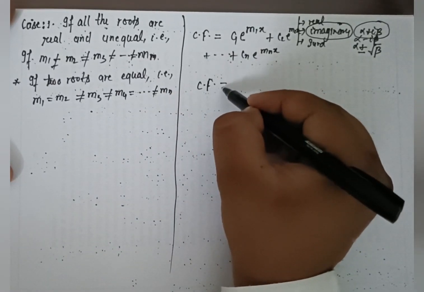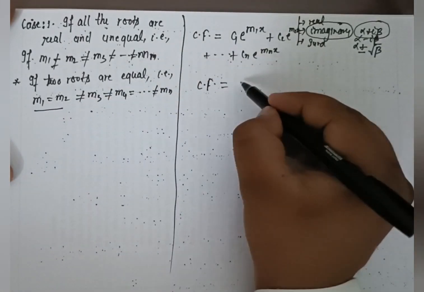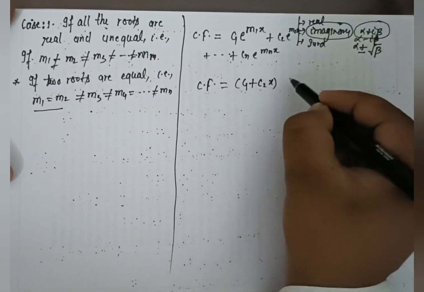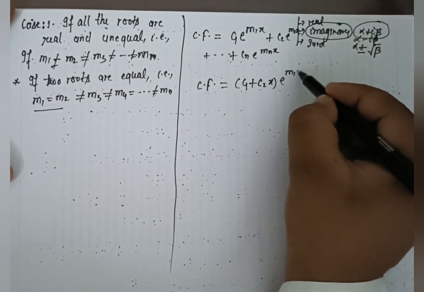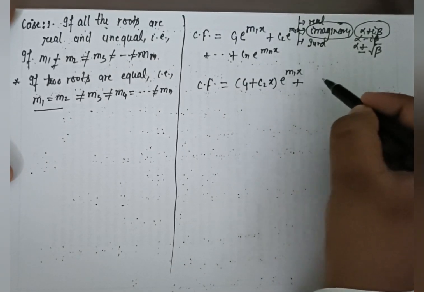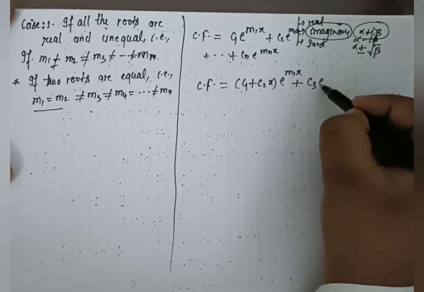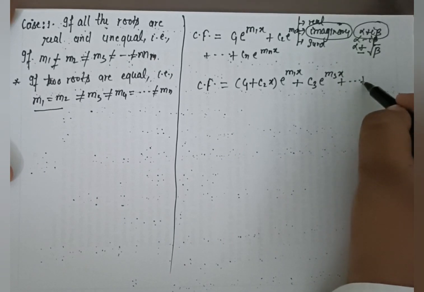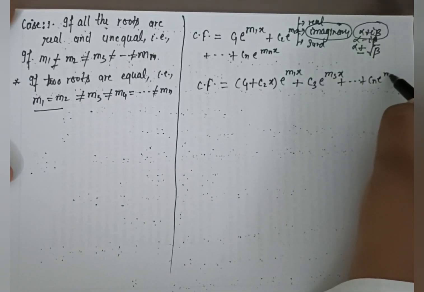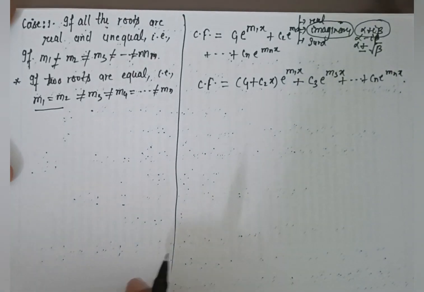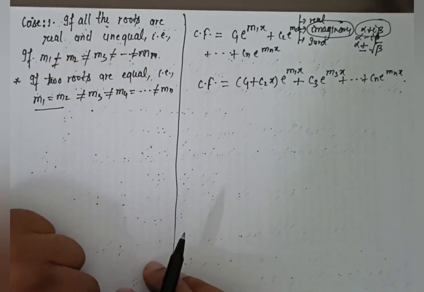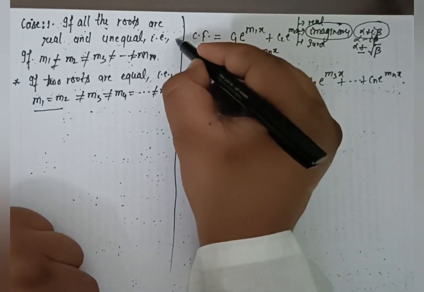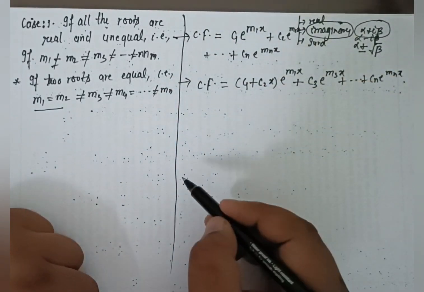For these two equal roots, we write c1 plus c2 x times e to the power m1x, and then plus c3 e to the power m3x, and then plus dot dot dot cn e to the power mnx. So it is the complementary function for this.